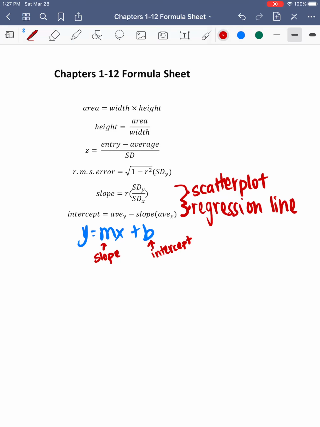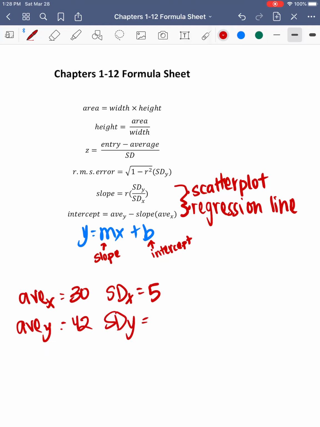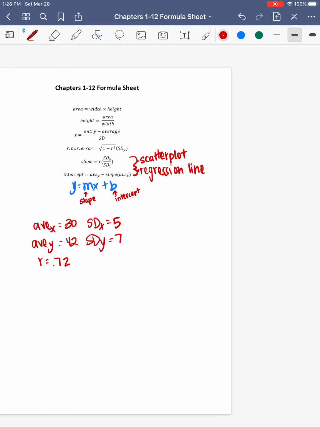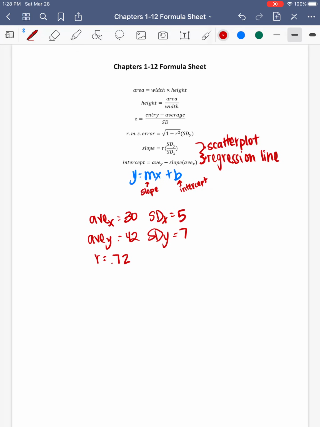And with that 5-number summary, let's see if I can remember that one we had up before. Average of x is 30. SD of x is 5. Average of y is 42. SD of y is 7 with an r of 0.72. Okay, you're given that information. You're going to need to plug it into these formulas to find the y equals mx plus b equation.